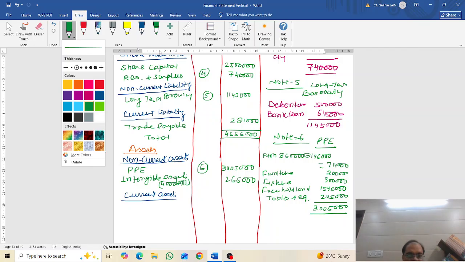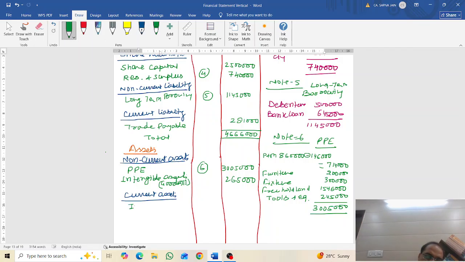Under the current assets, first inventory is given, 823. Trade receivable is given, 440.